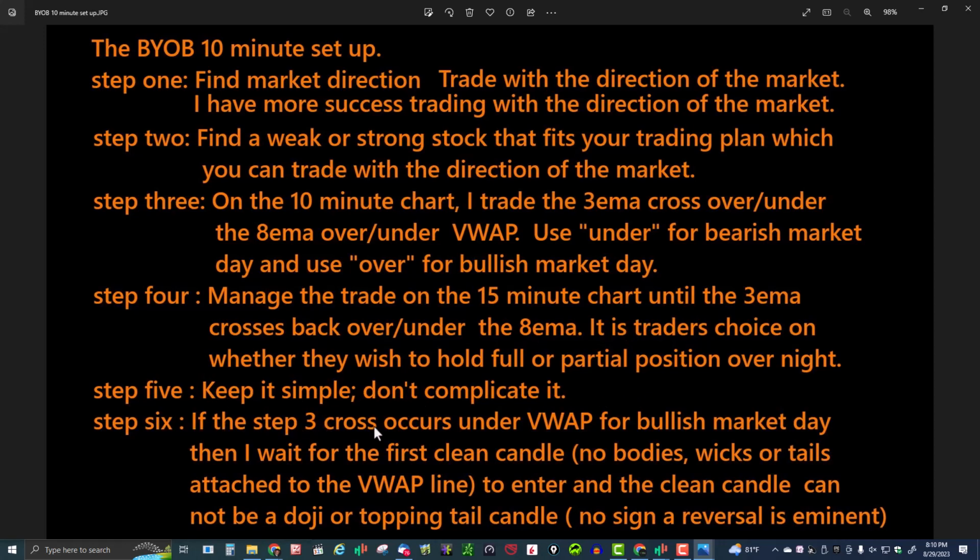Now if in step 3 the cross occurs under VWAP for the bullish market day, then I wait for the first clean candle over VWAP. No bodies, wicks, or tails can be attached to the VWAP line. To enter, you got to enter on a clean candle, and it can't be a doji or a topping tail candle, because you don't want any sign of reversal.